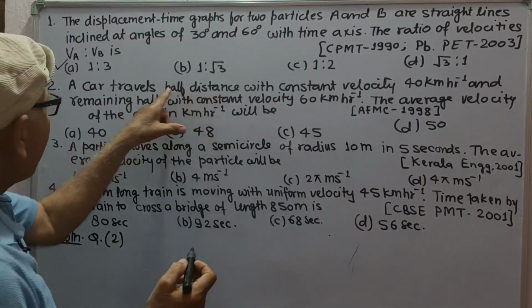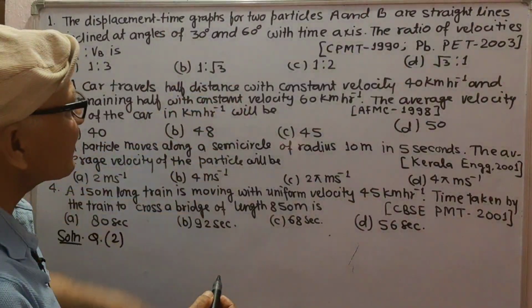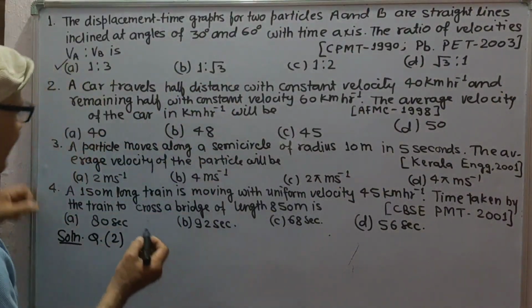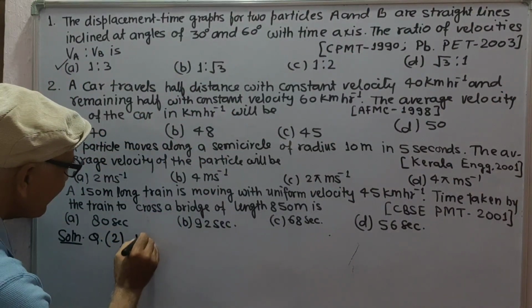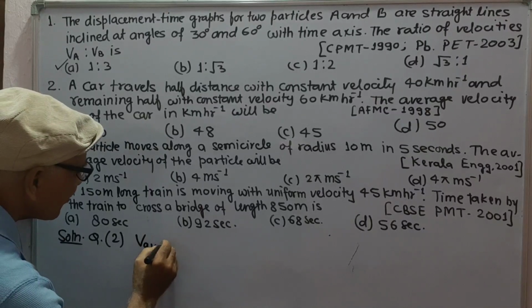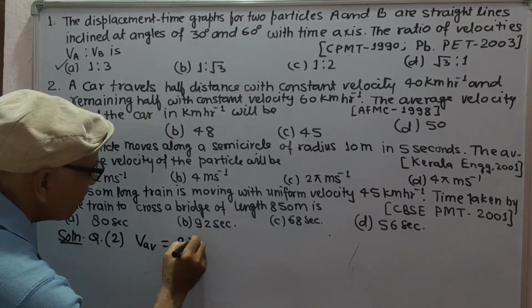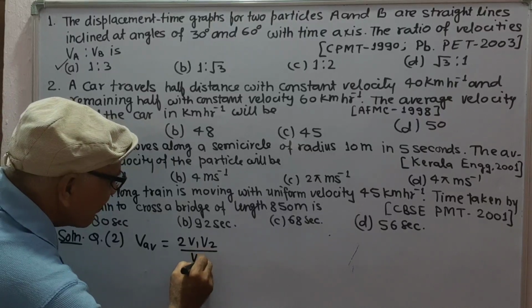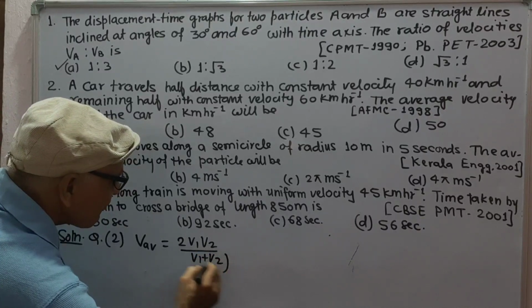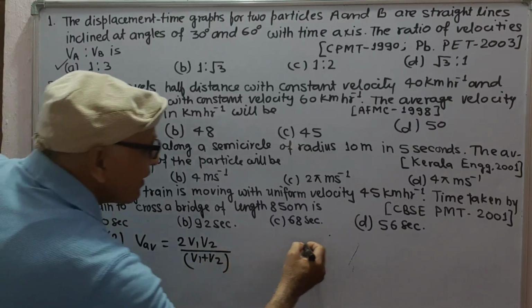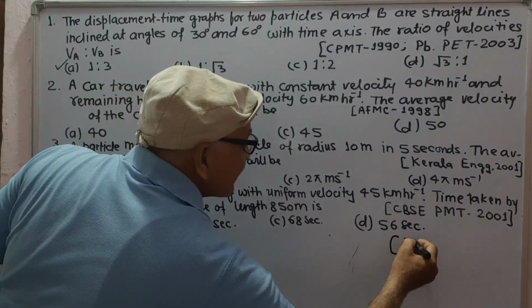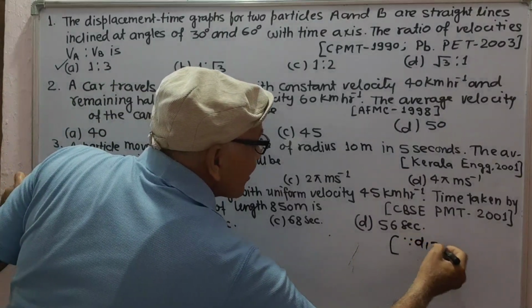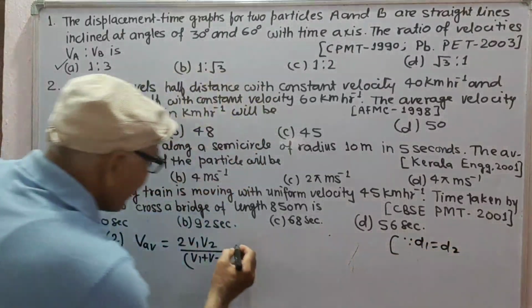Here first half and second half distances are equal, therefore v average will be equal to 2 v1 v2 upon v1 plus v2, because d1 is equal to d2.